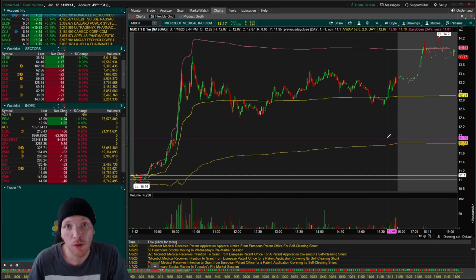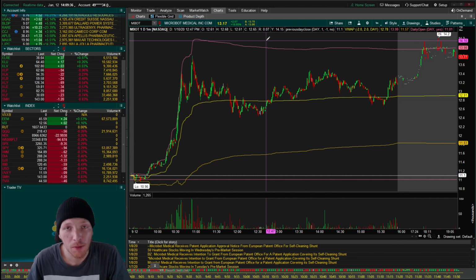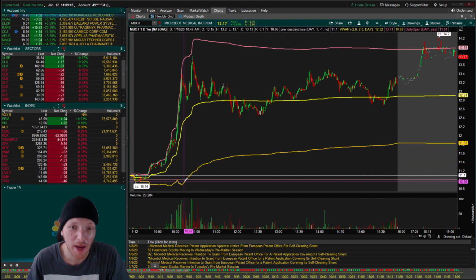From how I was taught and how I've always used VWAP, the only line that is really important to focus on is the middle line, and that is the VWAP itself. All the upper band and the lower band really do is point out the highest peak on the day and the lowest peak on the day.